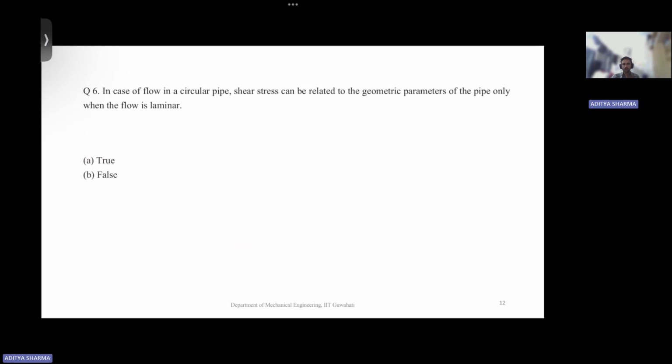So whether this is a true statement or false statement.